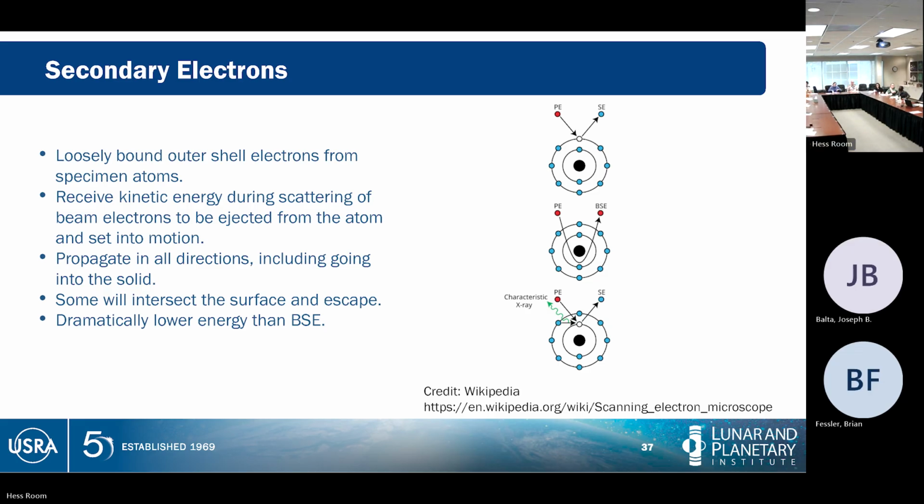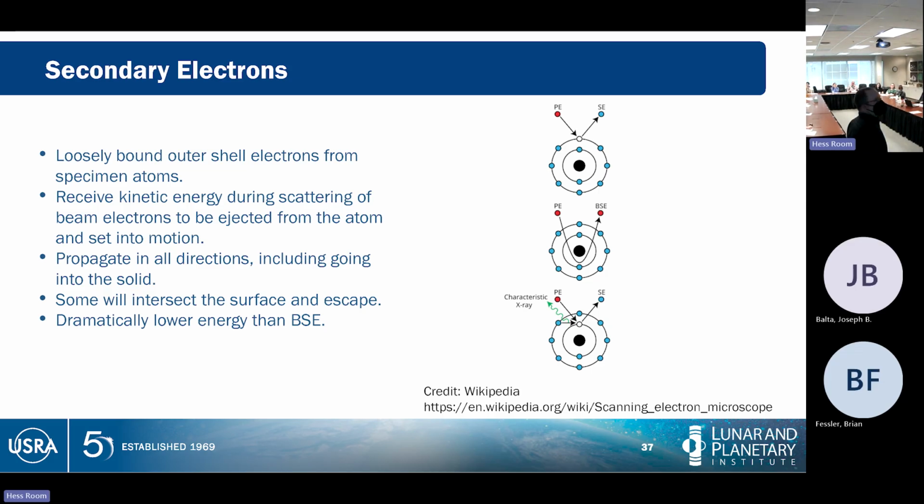Okay. The other type of detector that we're going to talk about in the SEM is a secondary electron detector. Okay, so we talked about backscattered electrons. That's an electron comes in and zooms around a sample.